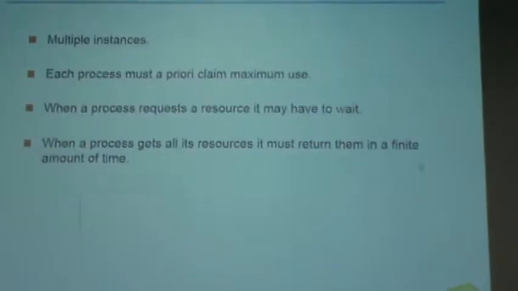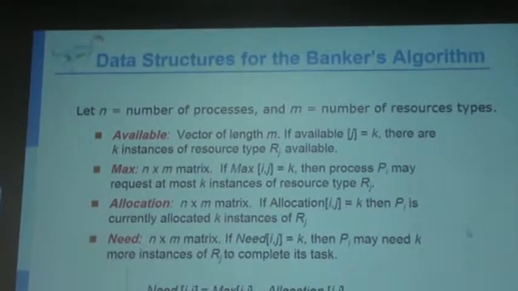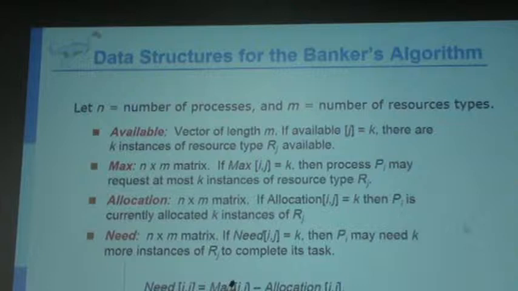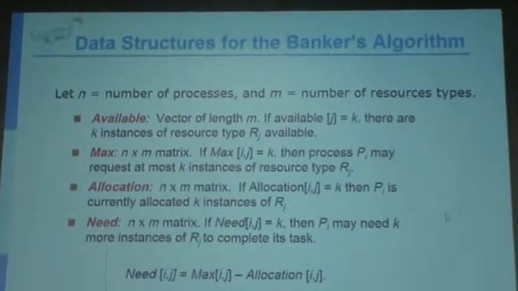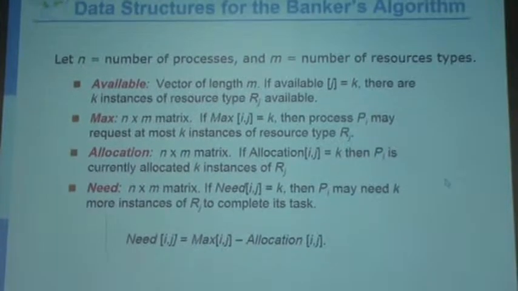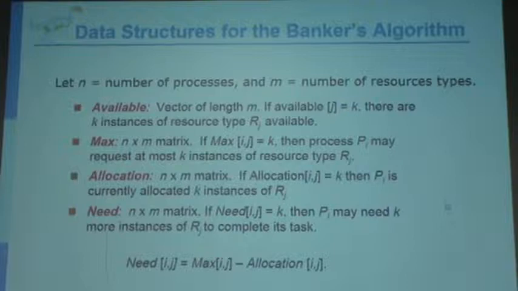So how can we generalize such a problem? In Banker's algorithm, we need to manage such information. First one is the available. So how many available instances per resource type?